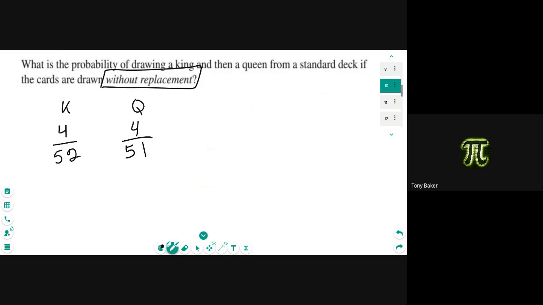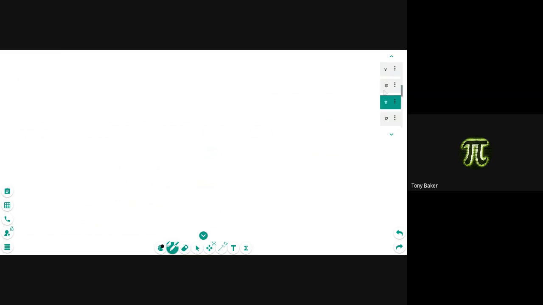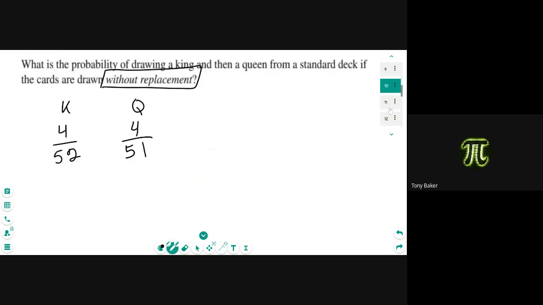So, are these two independent events? No, they are not. These are not independent events. Okay. So, these events, when you look at them, they have an interaction to each other. So that means my bottom number is going to change, or some of my numbers are going to change.